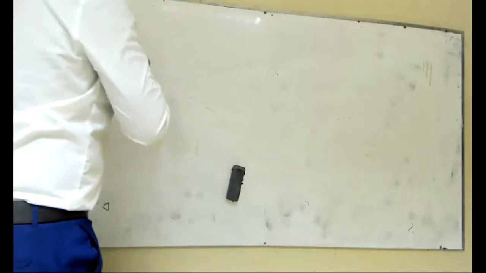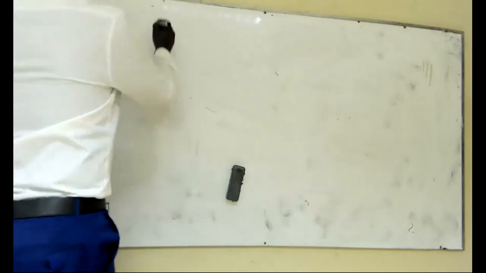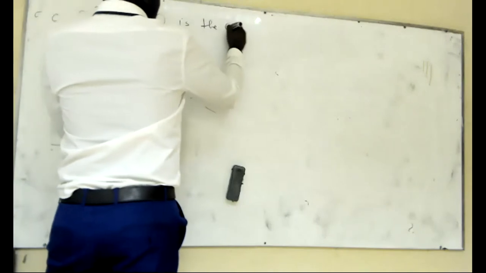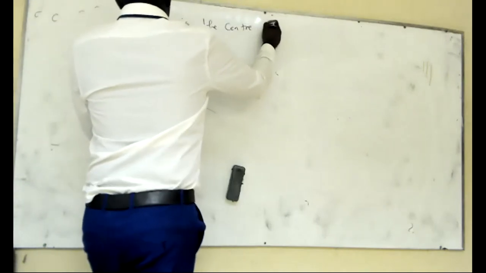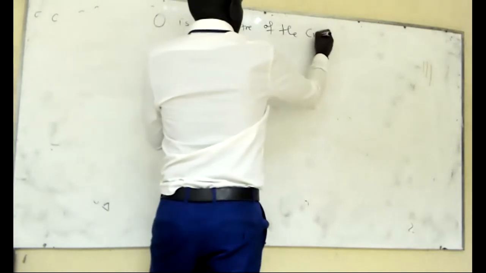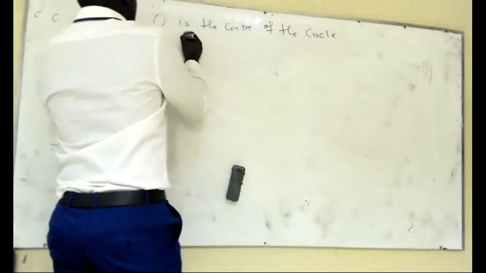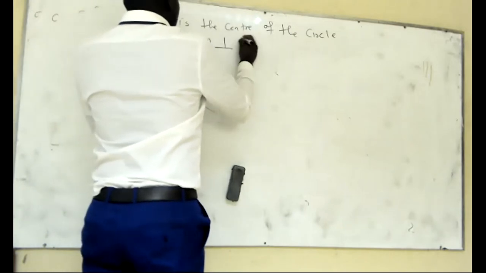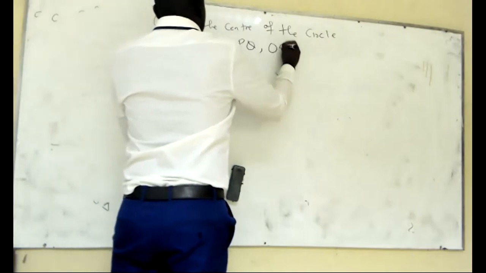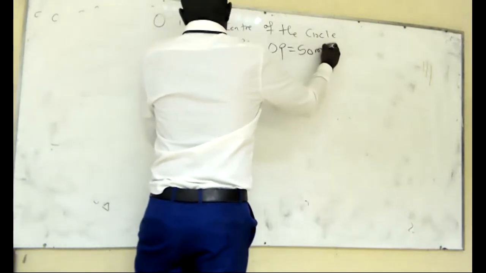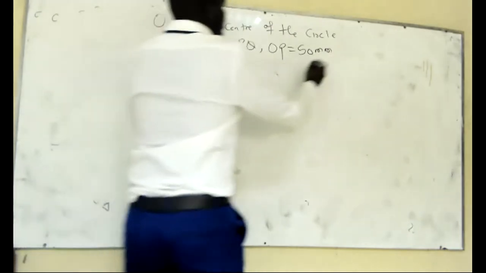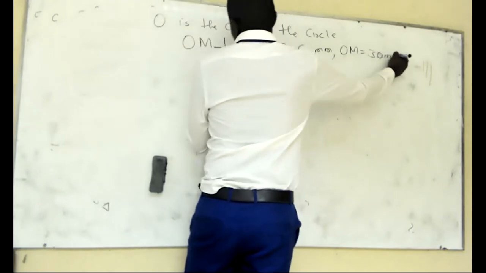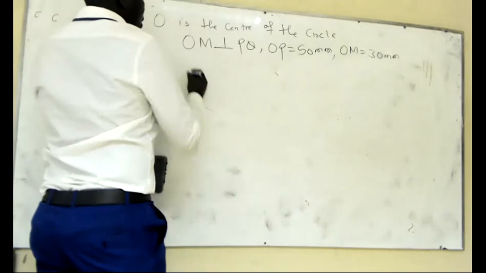Okay, let's check. We have O, which is the center of the circle. Now OM is perpendicular to PQ, where OP is equal to 50 millimeters. We are also given that OM is equal to 30 millimeters.